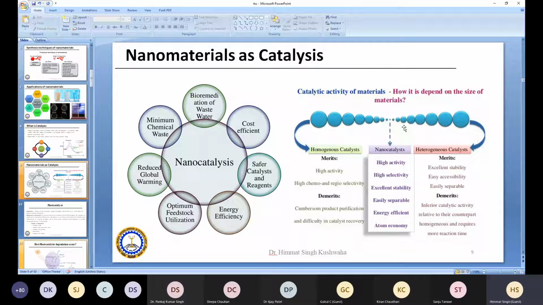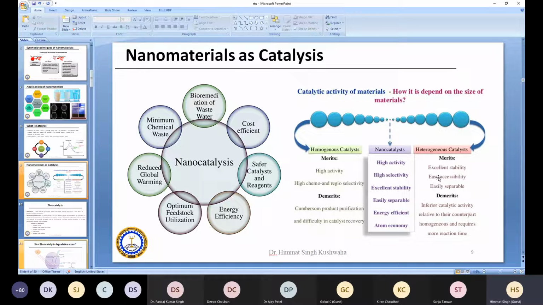In homogeneous catalysis, the catalyst, the reactants and the products are all in the same phase, whereas in heterogeneous catalysis, the catalyst and the reactant phases are different. Homogeneous catalysts have high activity and high selectivity, but the demerit is that it is very difficult to separate the catalyst from the process or from the product.